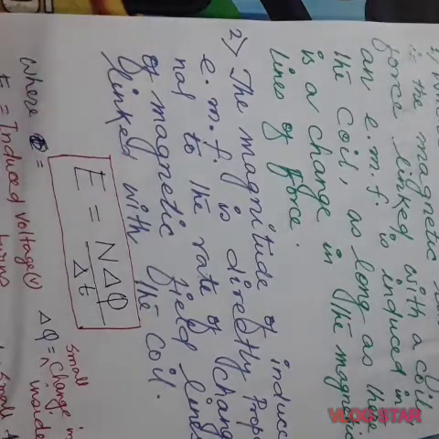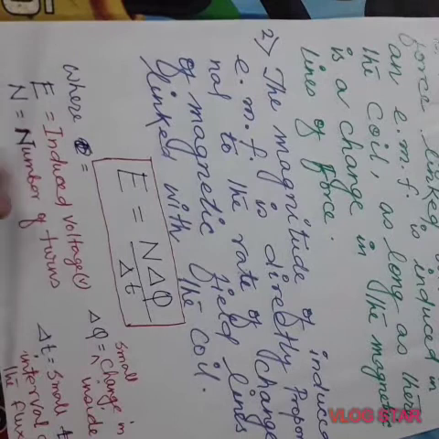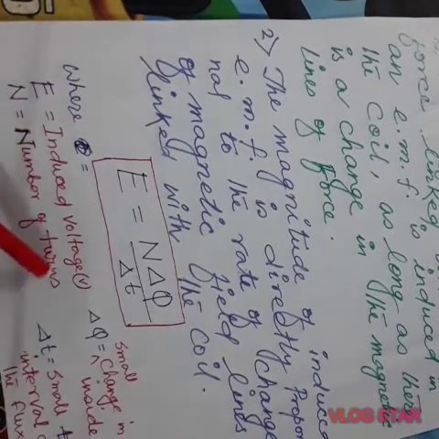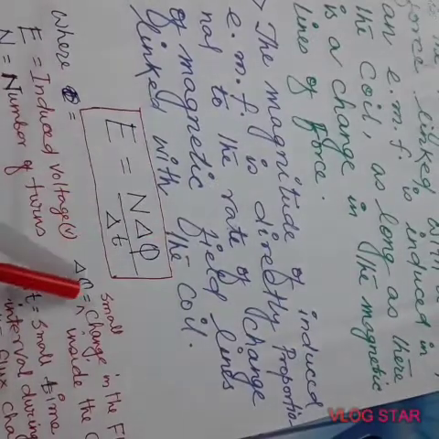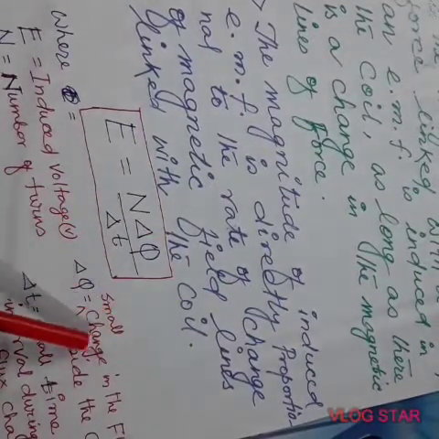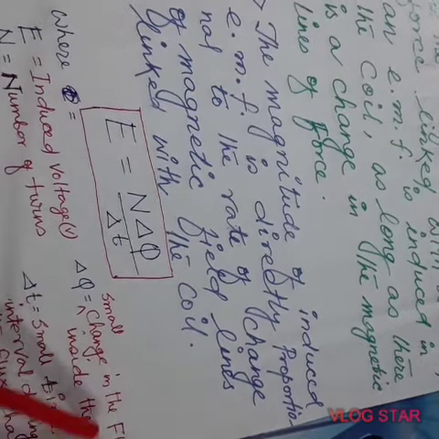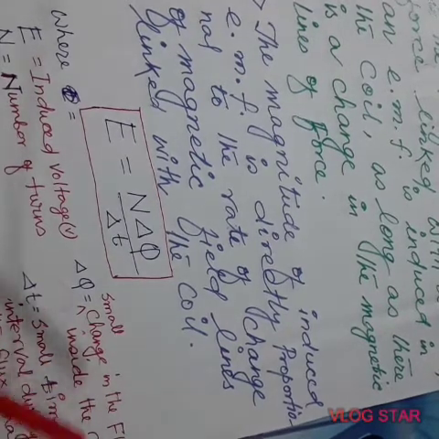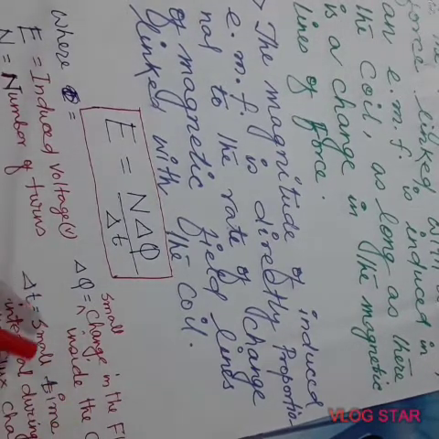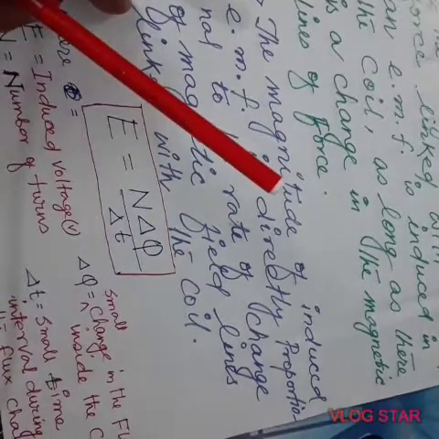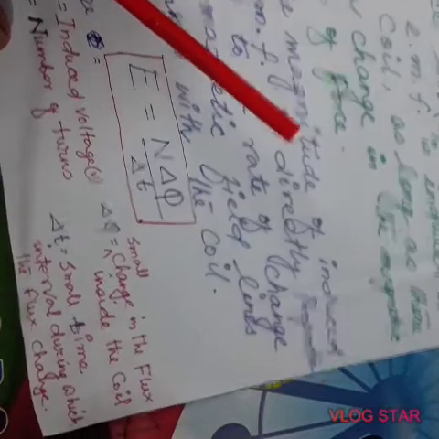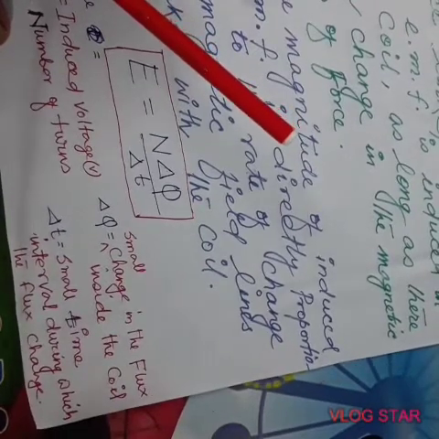Here E equals induced voltage, N means number of turns, delta phi is a small change in the flux inside the coil, and delta t represents a small time interval during which the flux changes. Thank you very much.